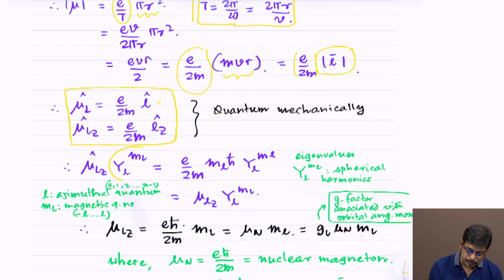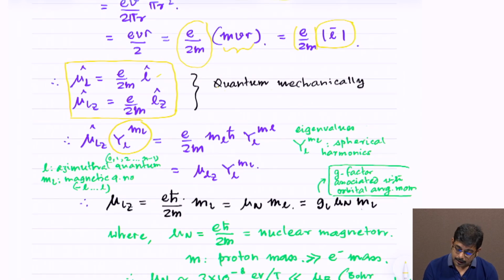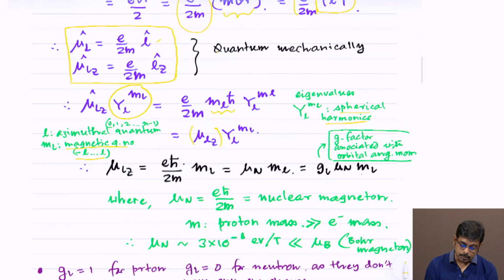For example, these spherical harmonics Y l m l are eigenstates of mu Lz, and when you operate, it is going to give you m l h cross, and this m l represents the magnetic quantum numbers which vary from minus L to plus L, and this is what defines your mu Lz. So, mu Lz will be therefore e h cross by 2 m into m l.